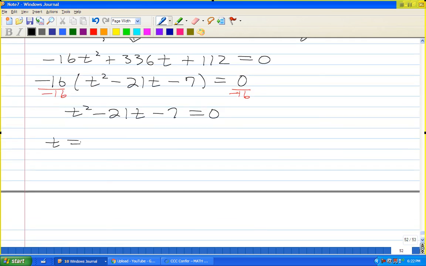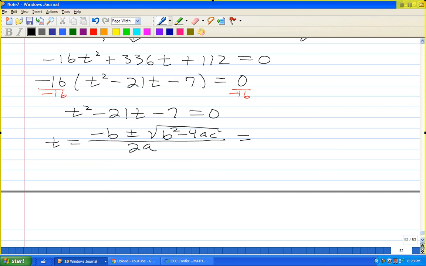X equals negative b plus or minus the square root of b squared minus 4ac all over 2a. Now, of course, our variable is not an x. It's t, so I wrote down t.